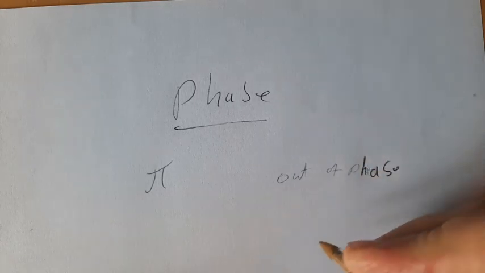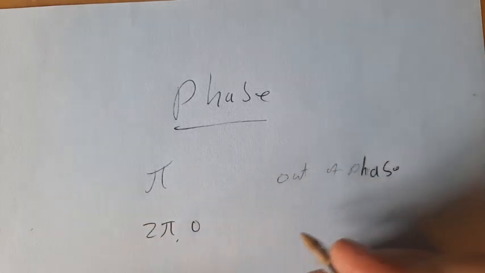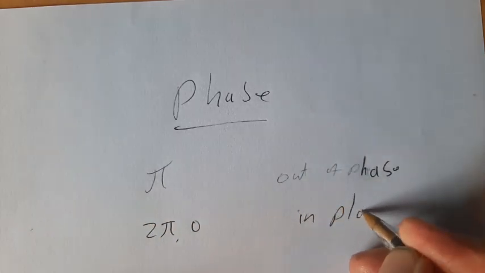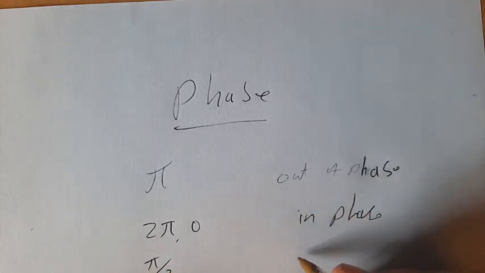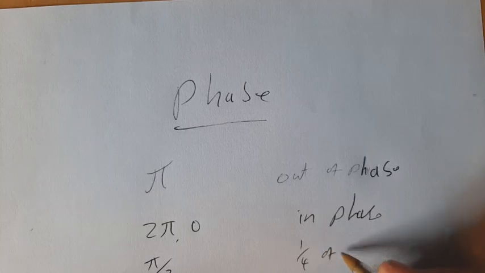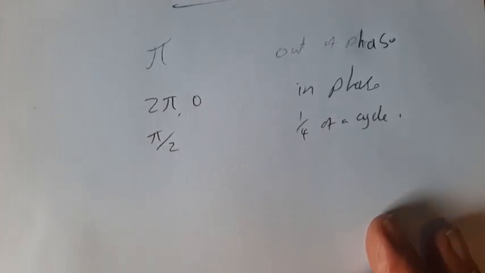They're out of phase. 2 pi or 0 is in phase, and then pi by 2 was 1/4 of a cycle. And I'm just going to now relate that to 2 points on a wave.